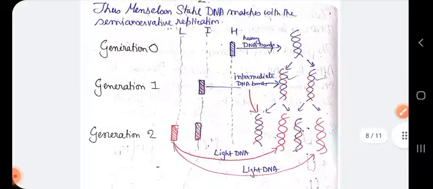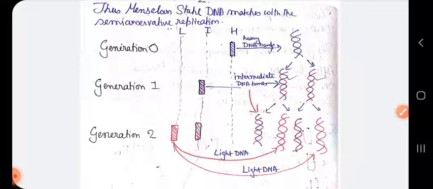We will see that the DNA is neither in the heavy form nor in the light form, but intermediate. This intermediate form proves that DNA replication occurs in a semi-conservative manner, because if the copy of DNA contained only newly synthesized DNA, then it would be in the light form.